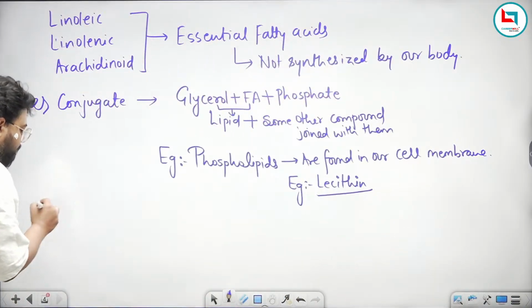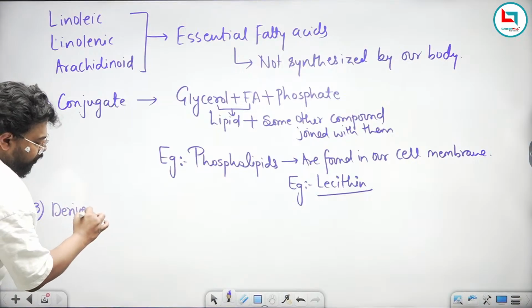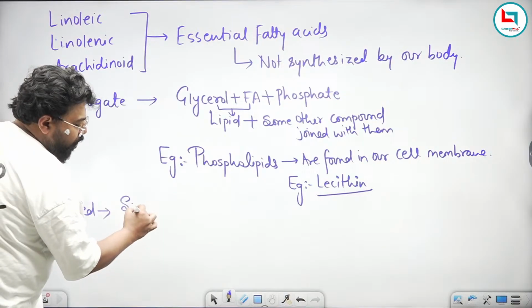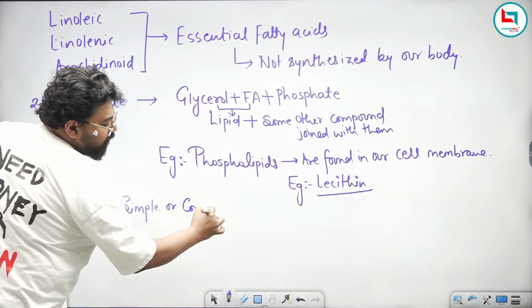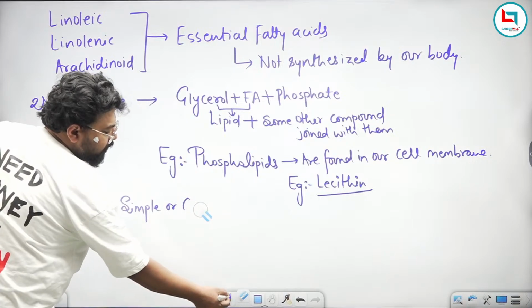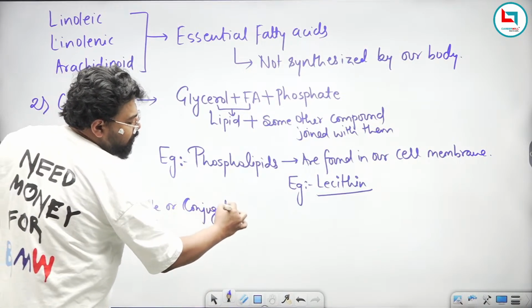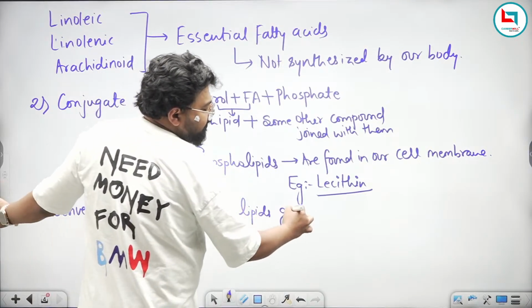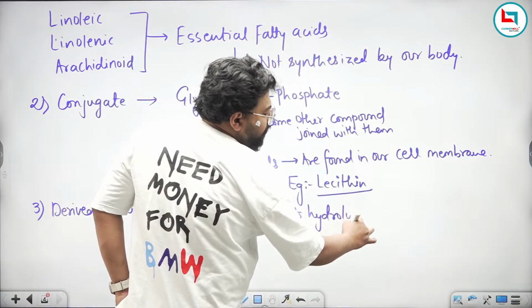And the third type is derived lipid. Now, derived lipids are not generally present in nature. So what happens when simple or conjugate lipids get hydrolyzed, meaning they get broken down?